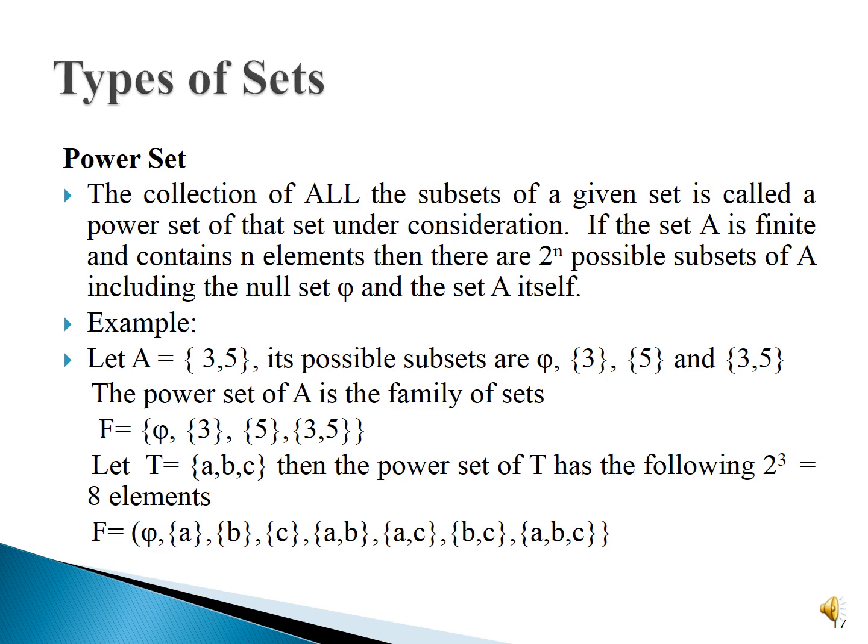That is 2 raised to n possible subsets. So the power set of A is the family of sets: phi, {3}, {5} and {3, 5}.